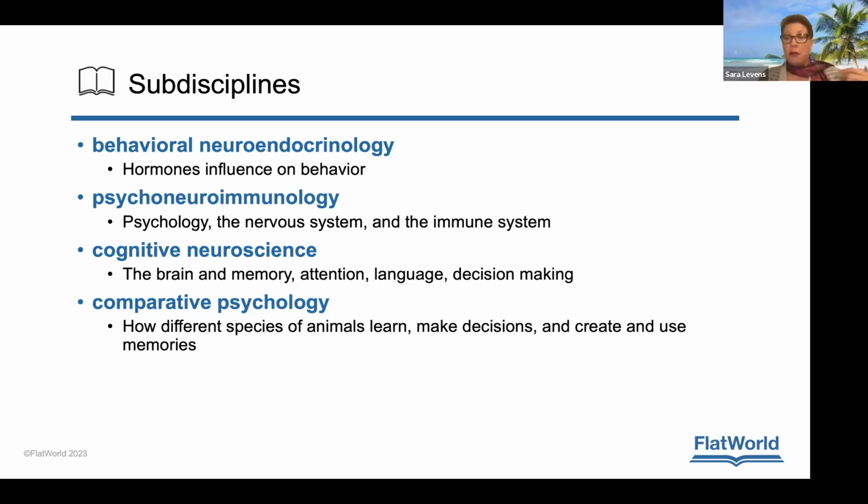And then you have comparative psychology, looking at the different species of animals and how they learn and make decisions. That comparative psychology can of course be done for understanding animals, but also for understanding processes of behavior, development, and some of the underlying mechanisms involved in decision making and how memories are used and formed.